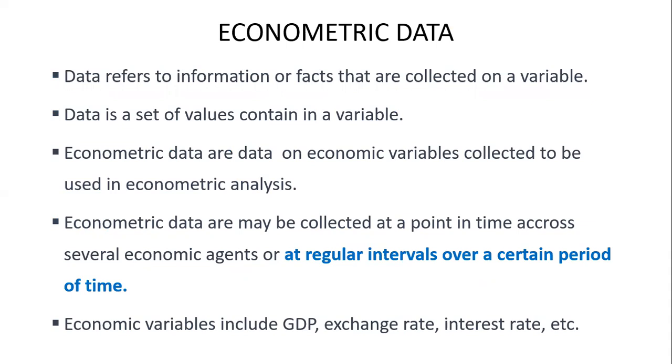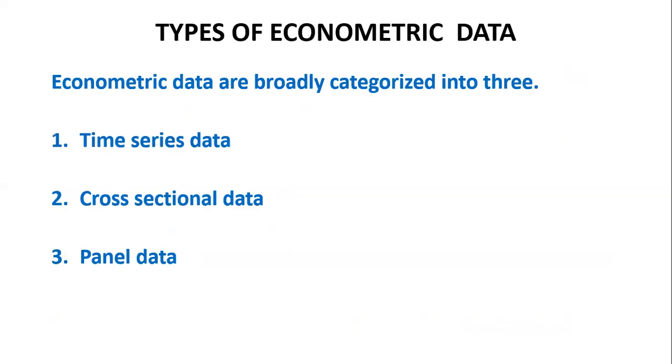Economic data may be collected at a point in time across several economic agents or at regular intervals over a certain period of time. Economic variables include GDP, exchange rates, interest rate, etc.